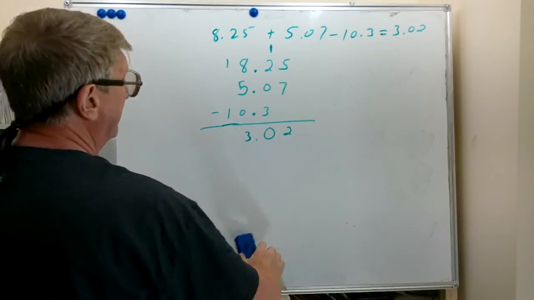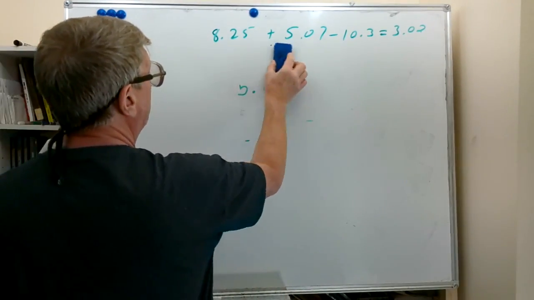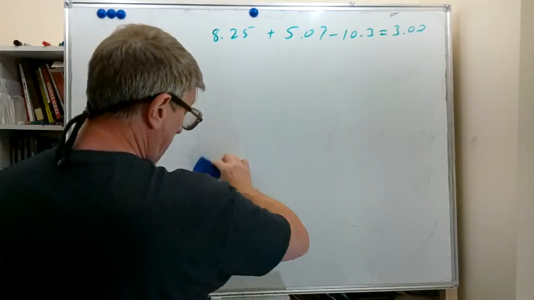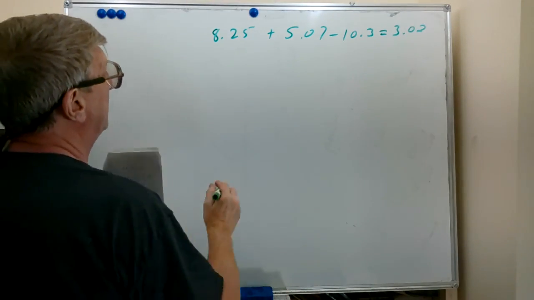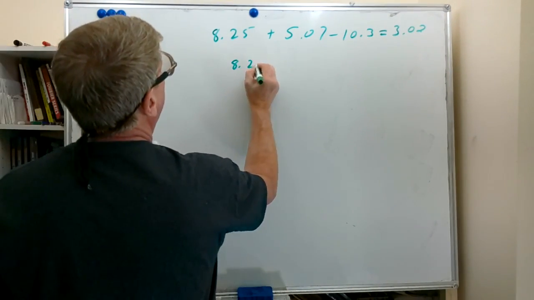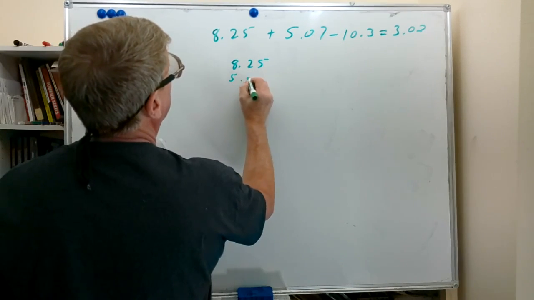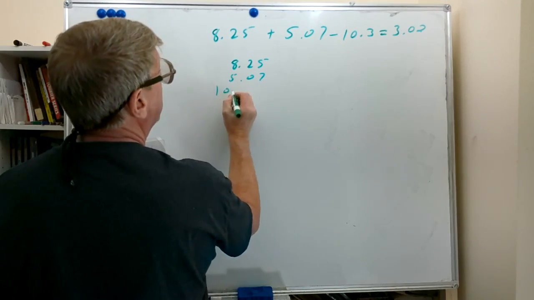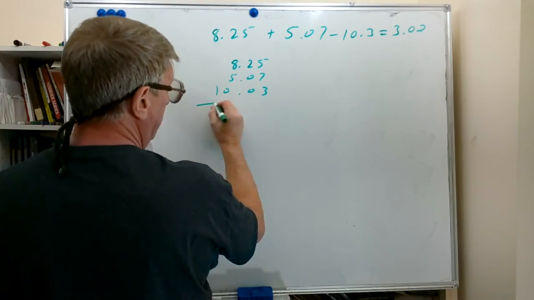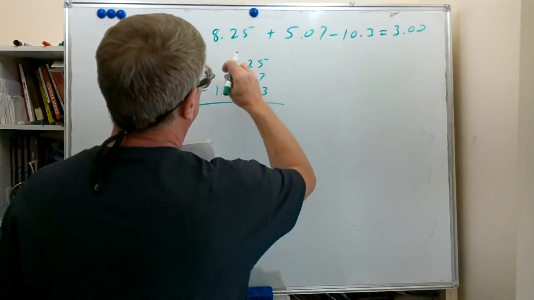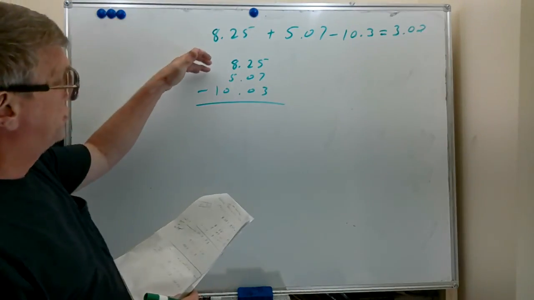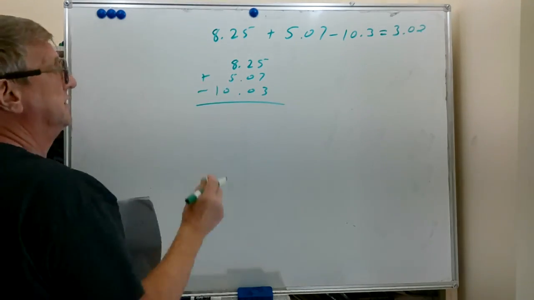Now if we got a little more practice, we wouldn't have needed to write all the decimal places in there first. We're just careful. We go 8.25, 5.07, 10.03, and that's subtracted. The other two are added. We usually don't put the plus sign, though we could.